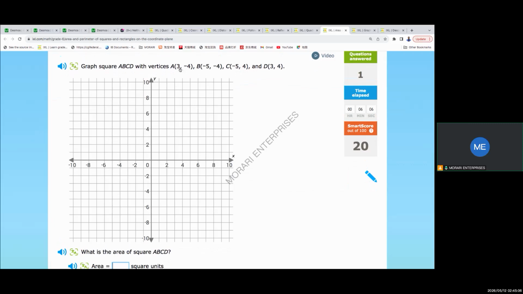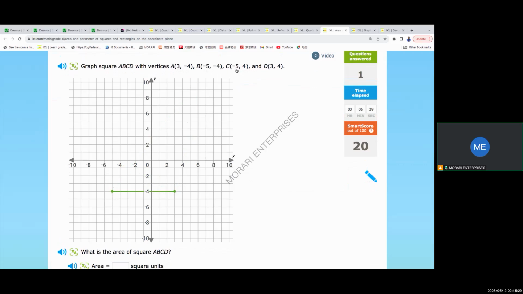Let's take one more here. Position 3 right, 4 down. This point. Next, 5 left, 4 down. We start from the origin. 5 left, 4 down. That's the point here.